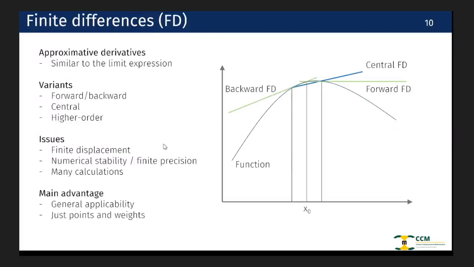And the idea is you do exactly what you know is the definition of the derivative, right? So the definition of the derivative is you take a function value at one point, then at a point slightly close to that, you take the difference in the y value, divide this by the difference in the x value, and you take the limit as these points approach zero distance. Now, you can do this numerically.